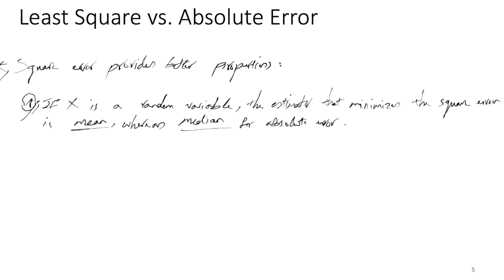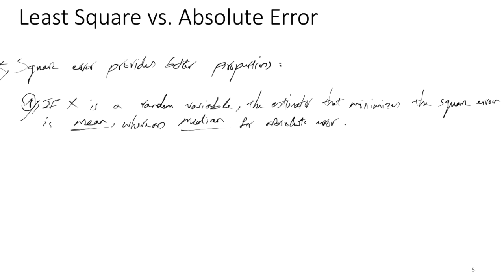All right. One of the advantages of least square is, suppose x was a random variable, the estimator that minimizes the least square error for a random variable becomes the mean. Whereas if you were to use the absolute error, just y minus y hat without raising to 2, you would have the median.